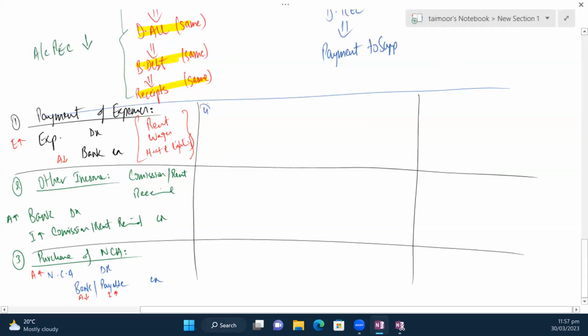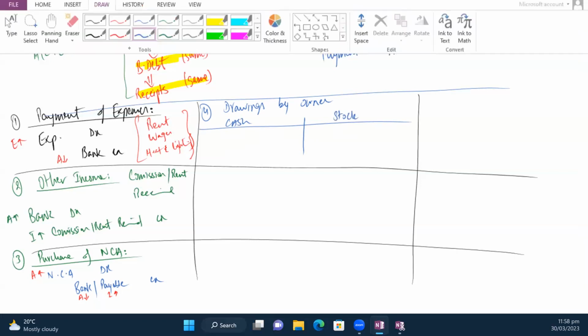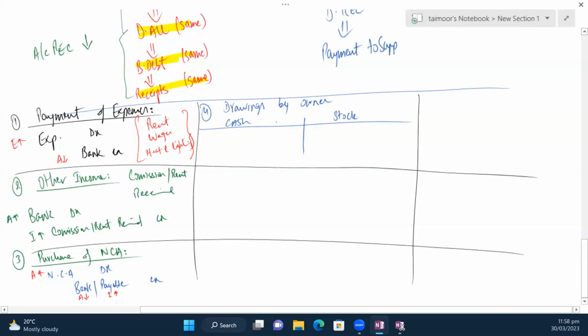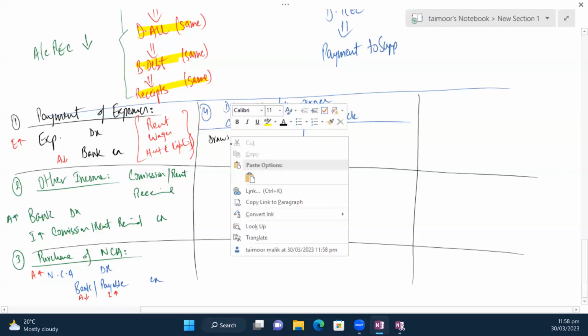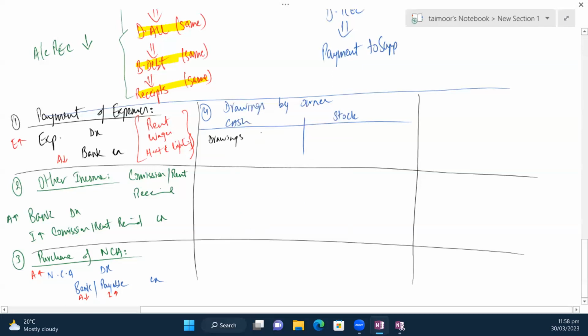Number 4 is drawings by owner. If the owner is drawing cash, that's a different entry. If the owner is withdrawing stock, that's a different entry. So if the owner is withdrawing cash, so entry will be drawings debit and cash credit.